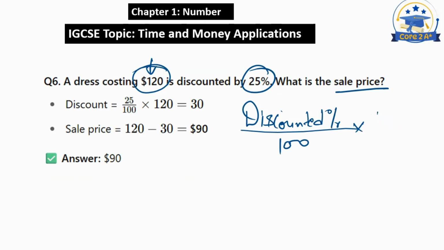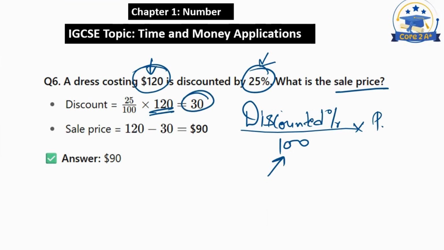You could say the initial amount. Before selling, the price is called principal amount or initial amount, right? So the discount percentage 25, 100 is your constant, multiplied by 120. This is your principal amount, the initial amount. Just solve it and you will be getting 30.